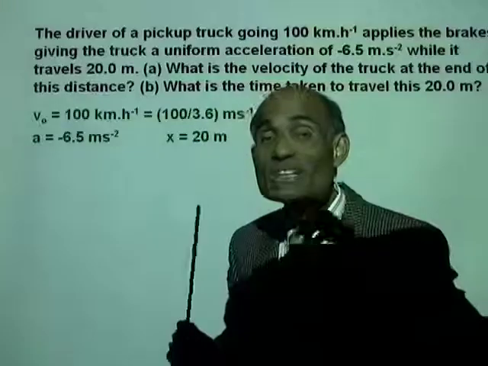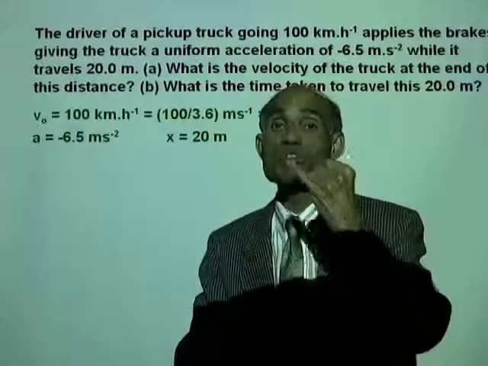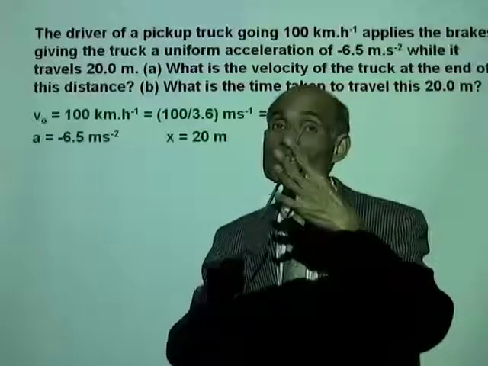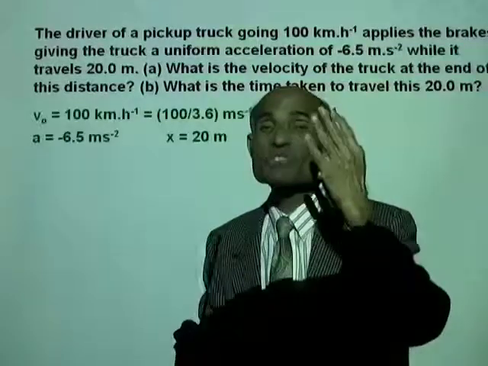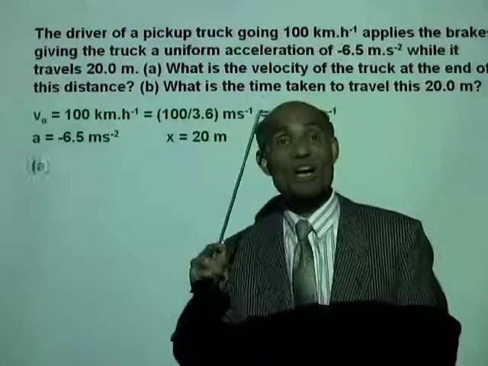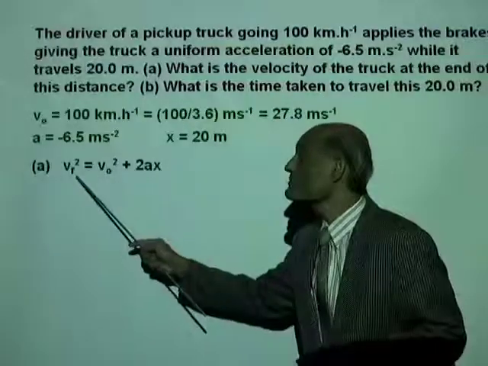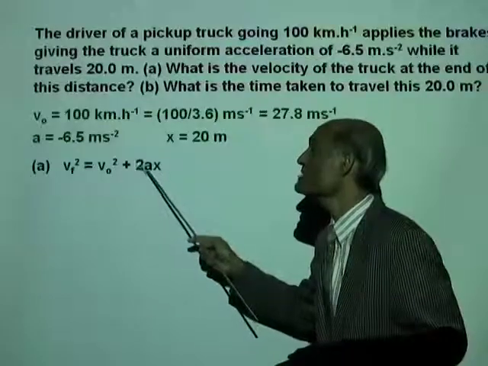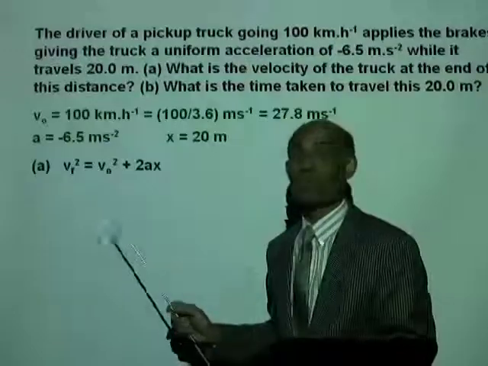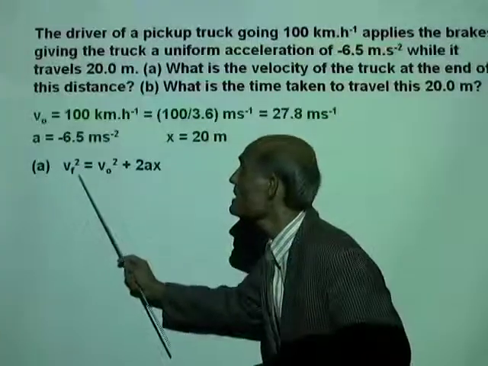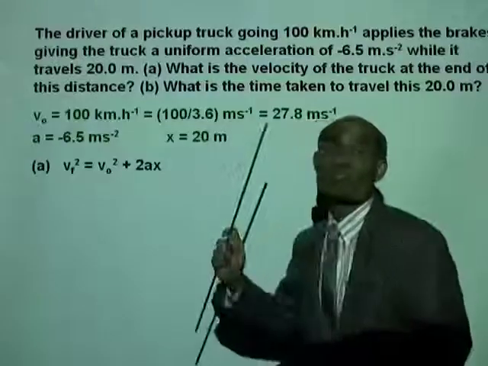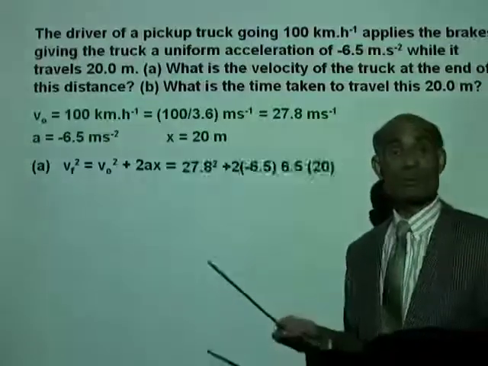Which equation contains all these: initial velocity, final velocity, acceleration, displacement? In other words, the equation that does not contain time is the third equation. Vf squared equals V0 squared plus 2ax. Well, we need to find the Vf. We know V0, we know a, we know x. So use all those values.